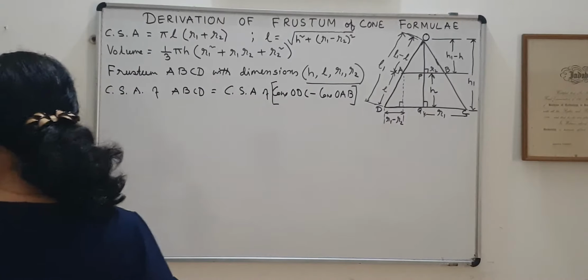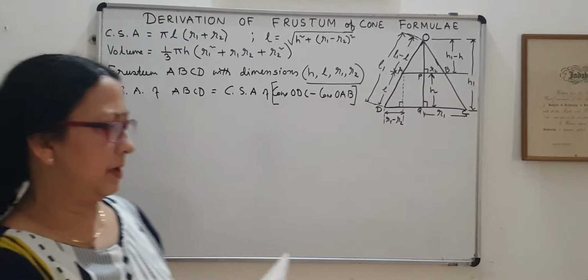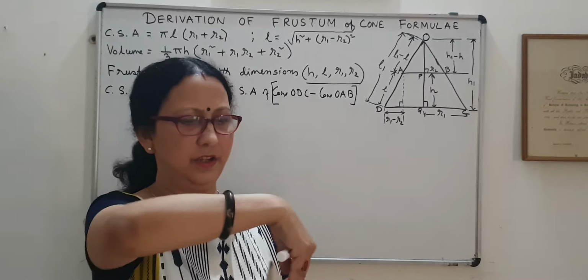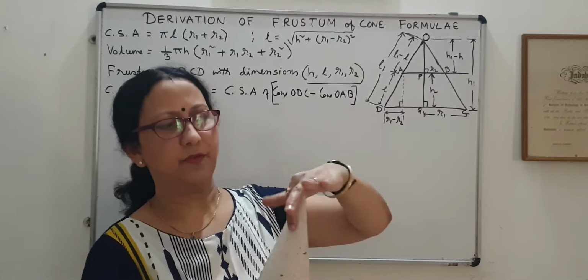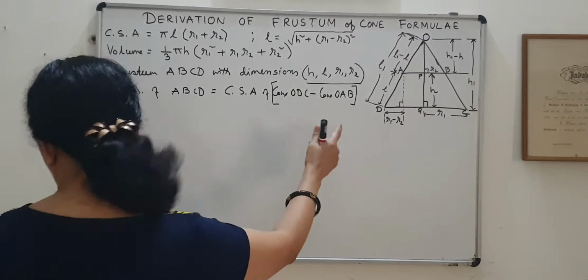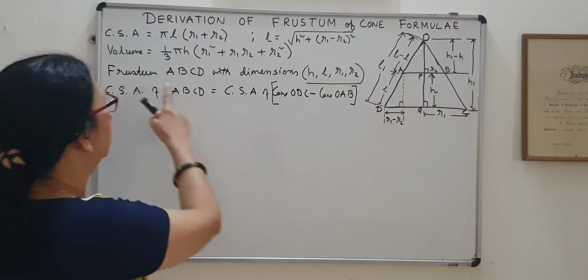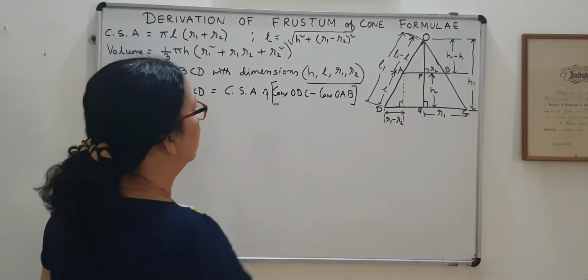So that means, as you see, this is the total curved surface area, and if I subtract the curved surface of the top cone, whatever will be left will be the curved surface area of the frustum. So we will be using this basic concept.